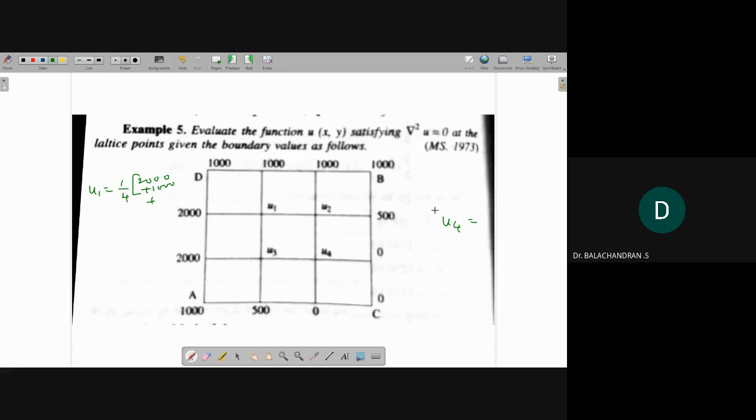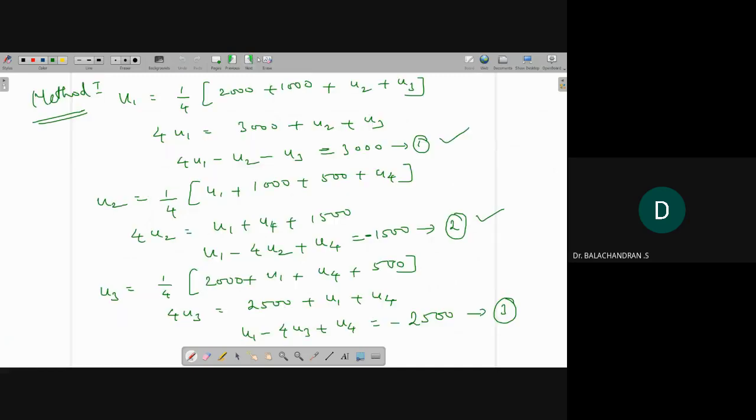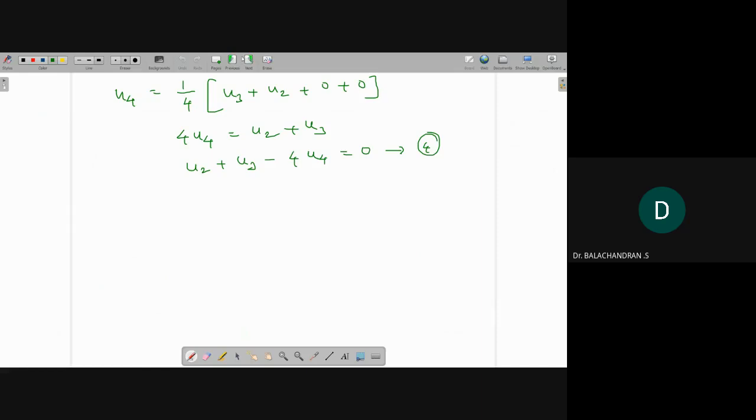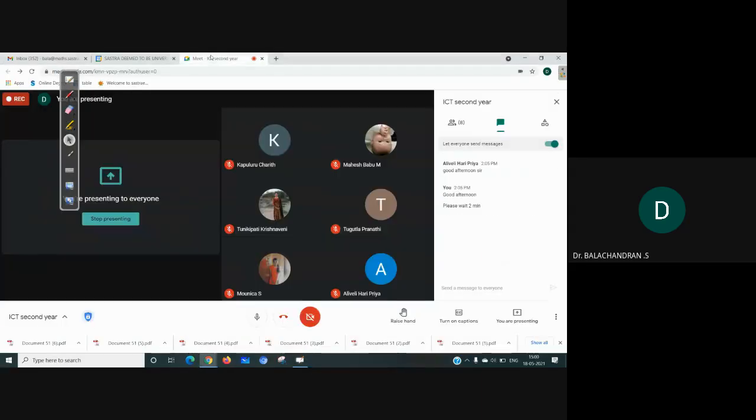Tomorrow I will tell how to choose u4. Not only u4, you can assume u2, u3 or u1 as well. First try method 1, get the values of u1, u2, u3, u4, and tell the values tomorrow. If you have any doubts, you can ask me. Otherwise, we'll meet again tomorrow morning, first hour. Okay, thank you.